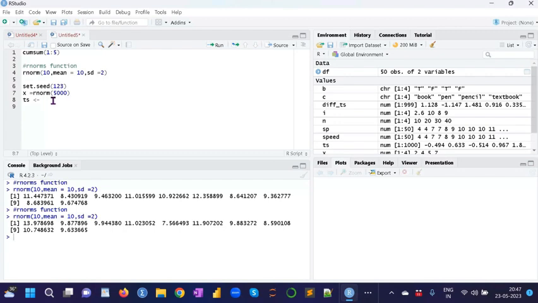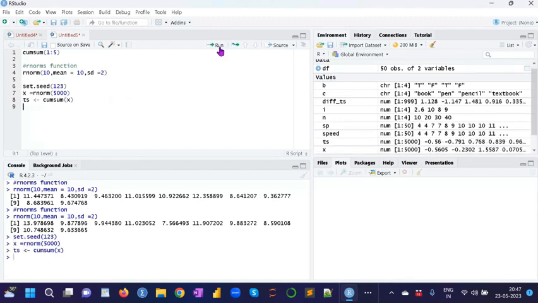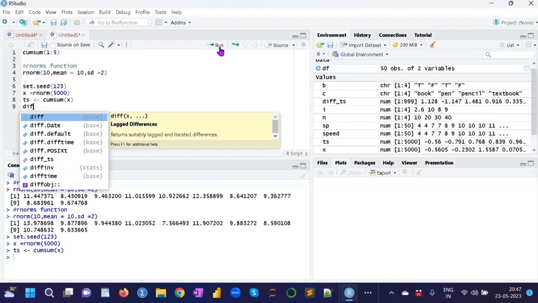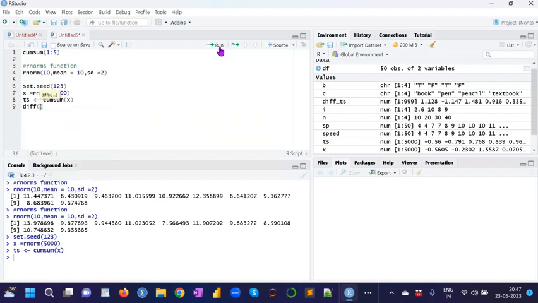So for ts I am passing the cumsum function and passing the x values, which is my 5000. So one by one I run it. Now I am using diff, which is a different function name.